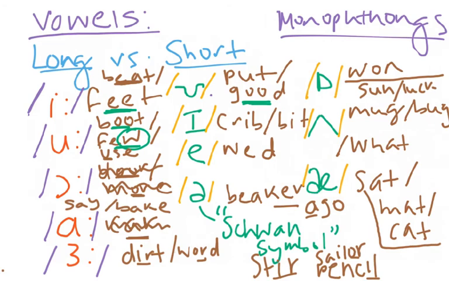It is a very relaxed sound, very similar to the short U sound. However, we like to say the difference is that when we end with the schwa, we leave off that ending sound.